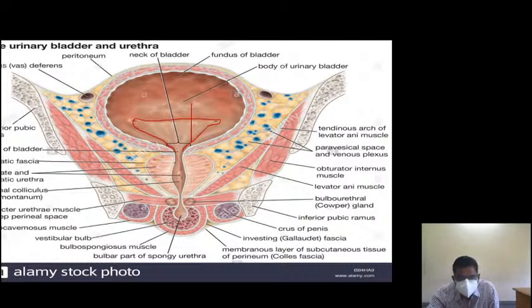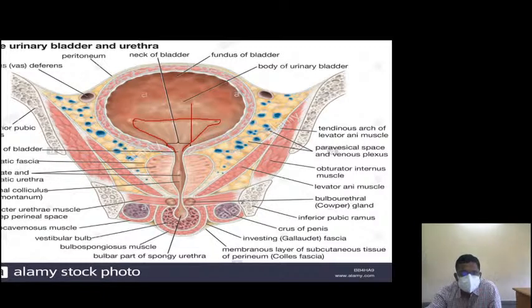In the mid region of the prostate gland, the urethra is a little bit bulged, and this bulge is called the seminal colliculus or verumontanum.